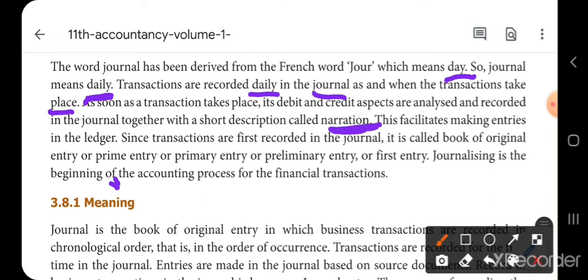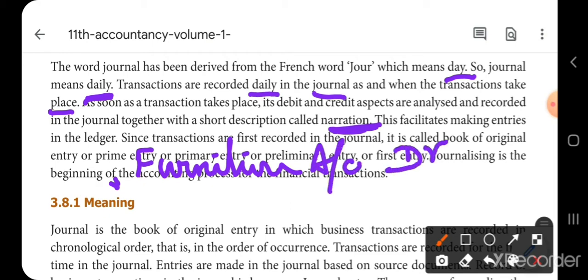Say for example, you are making a purchase of furniture. So the entry will be, what is coming in? Furniture. So furniture account, asset is coming in, furniture account debit. What is coming in?